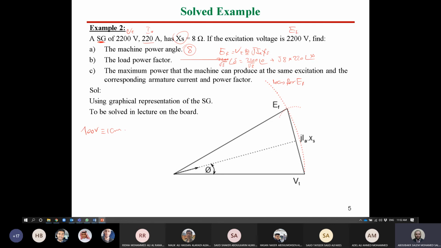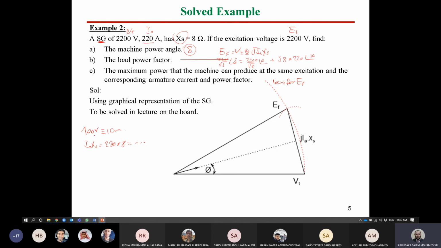But at which point EF will be, we don't know now, because we don't know exactly the angle delta. Then we have the values of IA and XS. IA is given as 220, XS is given as 8 ohms. So we can get the vector jIAXS. Its magnitude is IA multiplied by XS, equals 220 ampere multiplied by 8 ohms, which will give a certain voltage value.